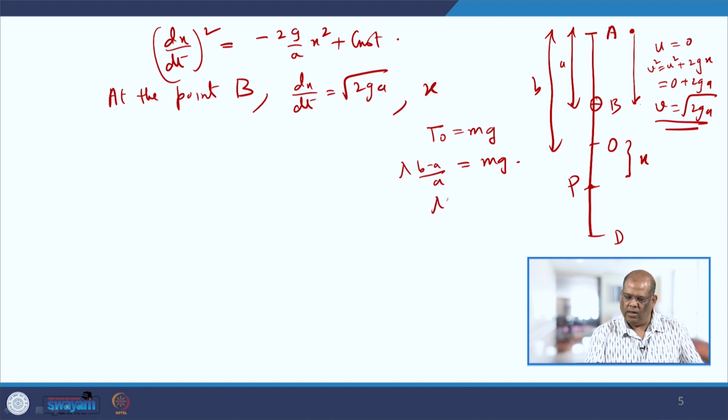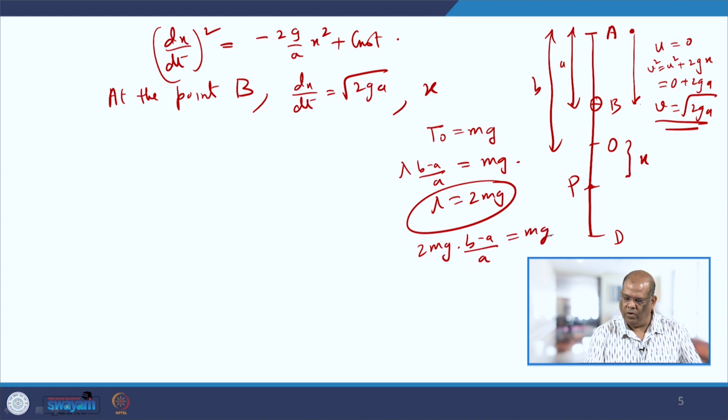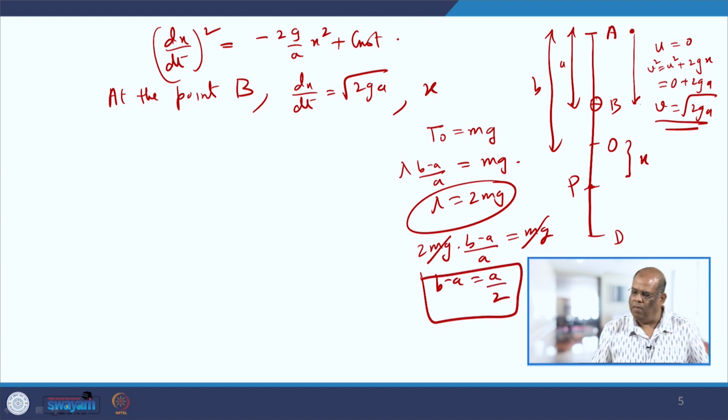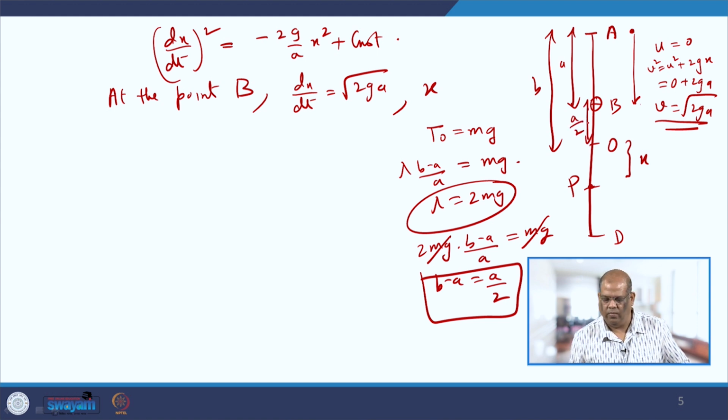But we have taken lambda equal to 2mg. So, if I substitute it here, I get 2mg into (b minus a) by a equal to mg. So, mg and mg cancel, and b minus a becomes a by 2. So, b minus a is this part, and that value is a by 2.